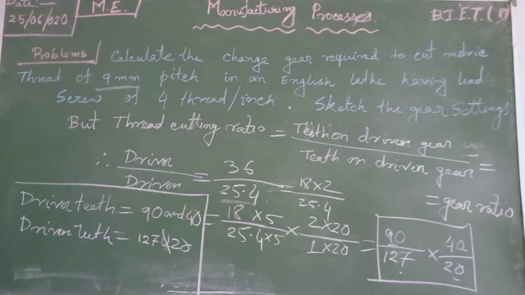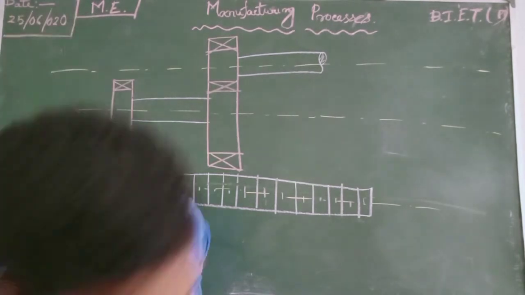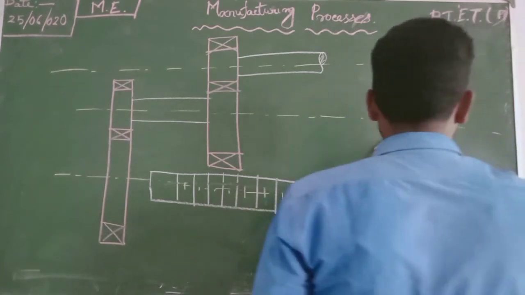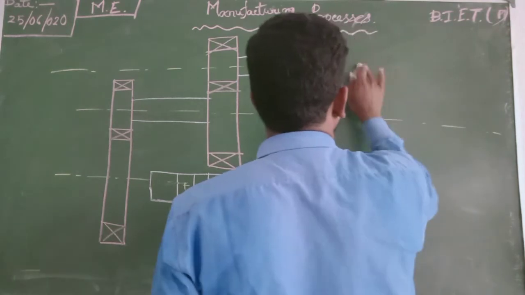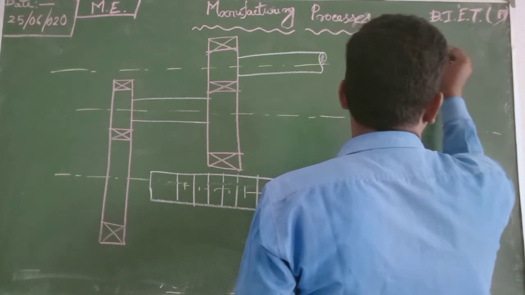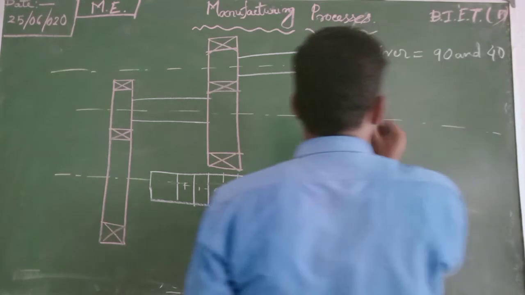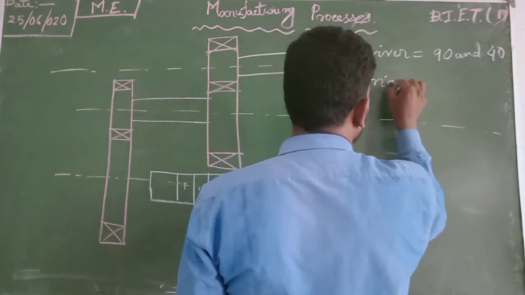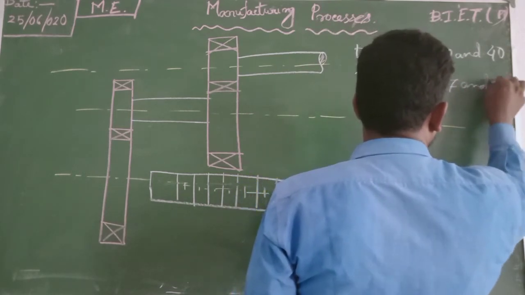Now sketch the gear requirement. You can see that our ultimate answer is the driver gears 90 and 40 and the driven gears 127 and 20.